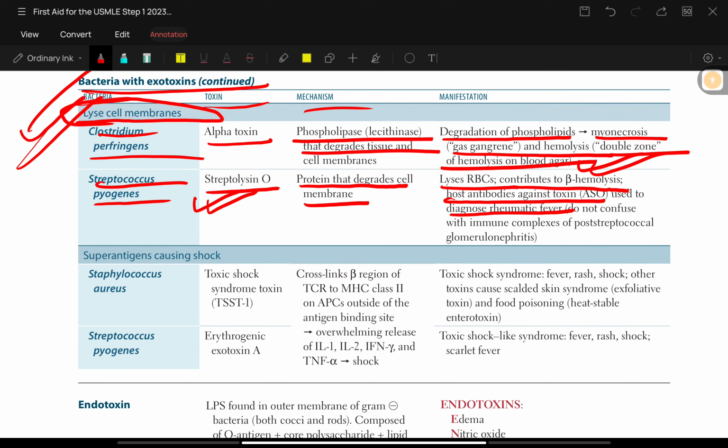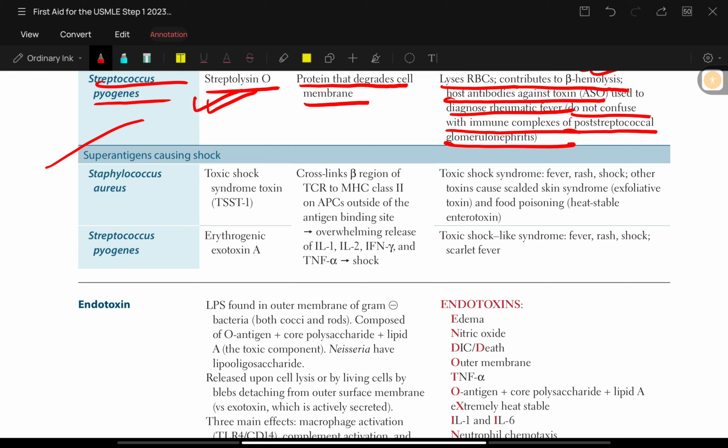Now superantigens causing shock, that is Staphylococcus aureus.